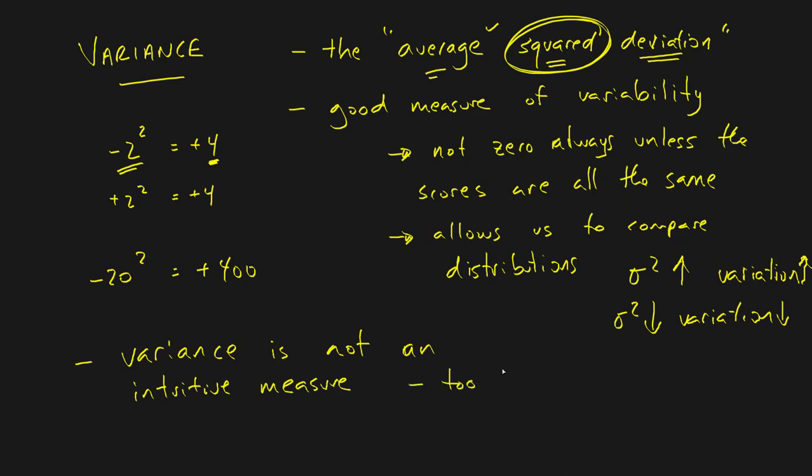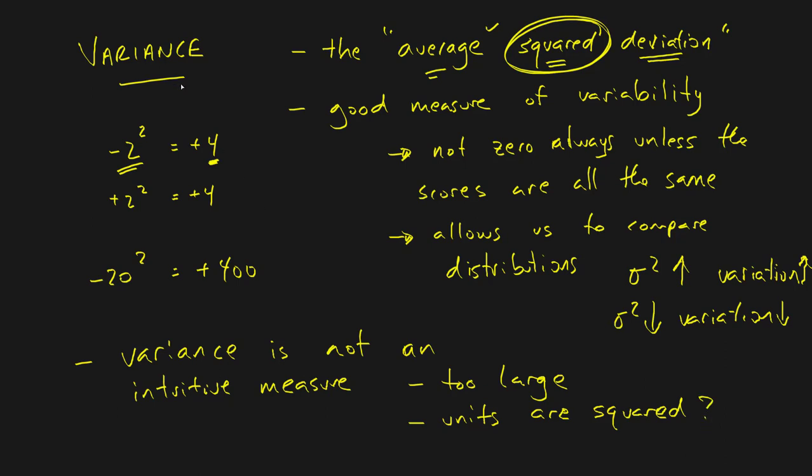It's too large. Also, the units are squared. If we were measuring dollars, the variance would be in squared dollars. If we were measuring height, the variance would be measured in squared centimeters or squared meters or squared inches. So it's a very confusing kind of concept.